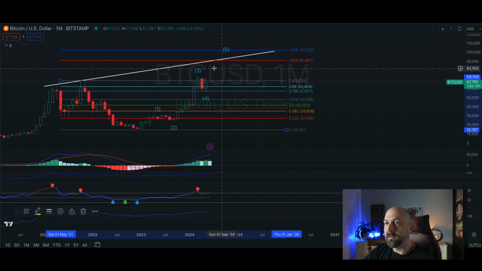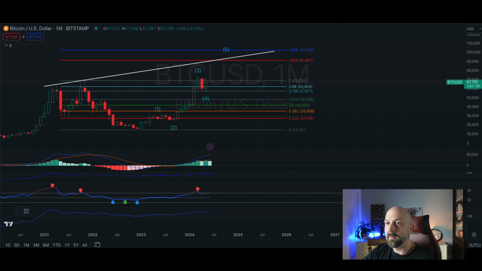But we could do something like this, where we chop around here, and then we break higher into various levels, but then essentially we just get up into this, and that's the cycle top.